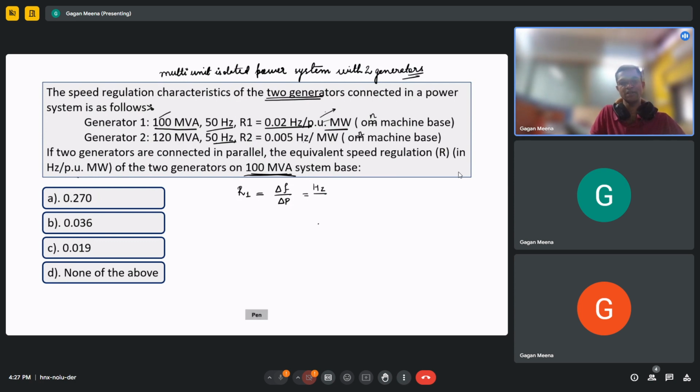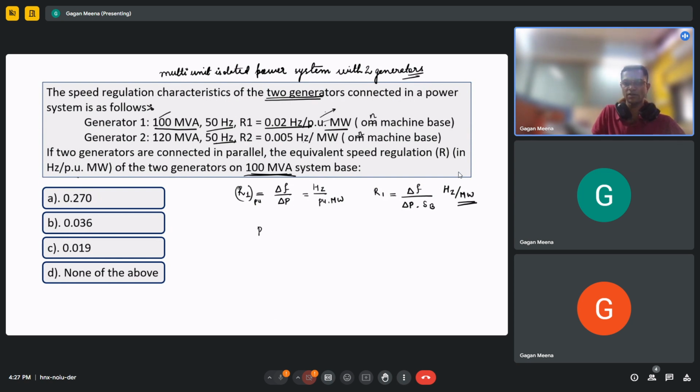So let us say this is in hertz per unit megawatt. This is R1 in per unit. So R1 actual will be delta F divided by delta P into system base, and this will be hertz per megawatt.